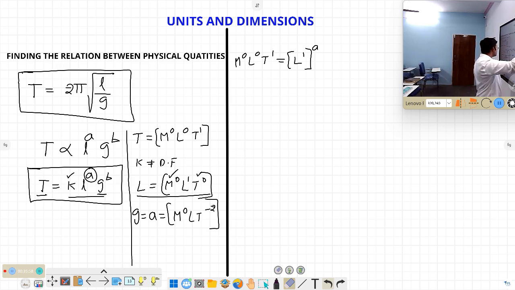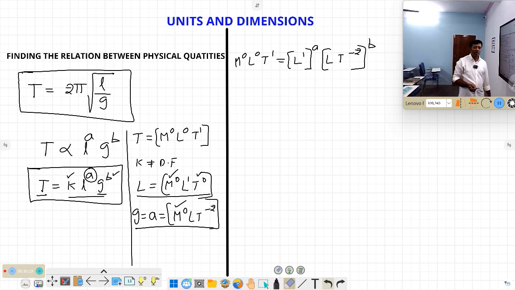And next, G, acceleration due to gravity, whose dimension is L T minus 2. The power of this G, how much it is raised, is B, and we don't know that value. Dimension formula is always expressed in terms of fundamental quantities with certain powers raised. If you know the powers raised, you can find the relation exactly. So first, how to do it? Compare the right side mass powers and the left side mass powers.